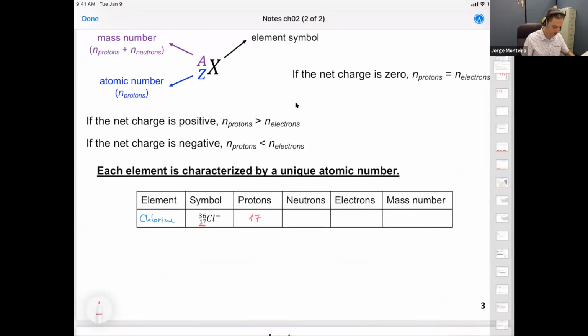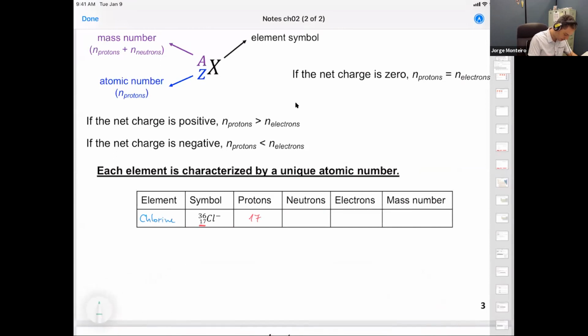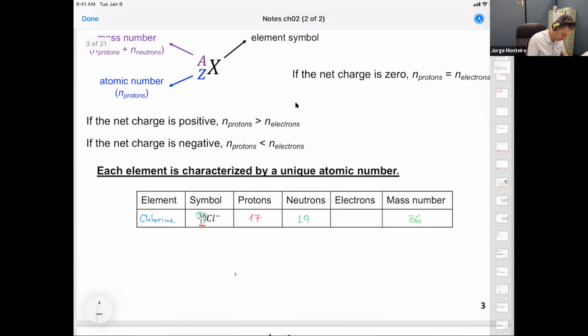So we are still talking about chlorine. Mass number, that's going to be right here on the top, 36. And that's going to give us still 19 neutrons. And now here, the biggest change is the charge, all right? So we have a -1 charge.